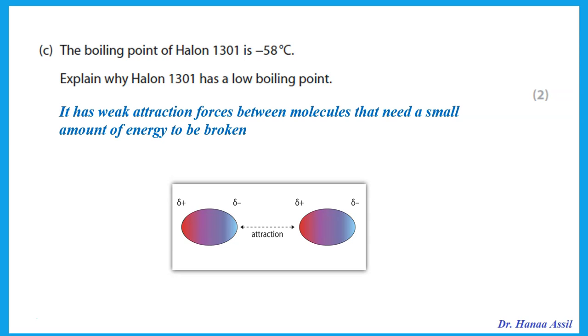Remember, anything that has low melting point or boiling point would have weak attraction forces between its molecules, and this is what we're trying to break in order to separate the molecules so that it melts or it boils. And if the attraction forces are weak, then it needs a small amount of energy, so low boiling point or melting point.